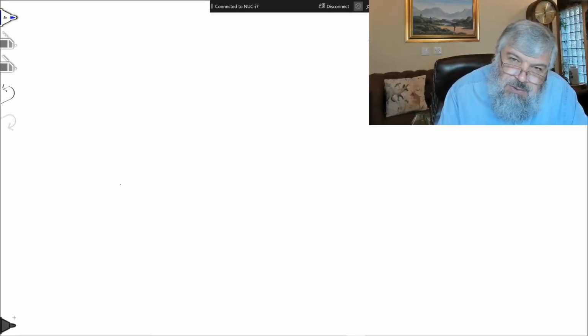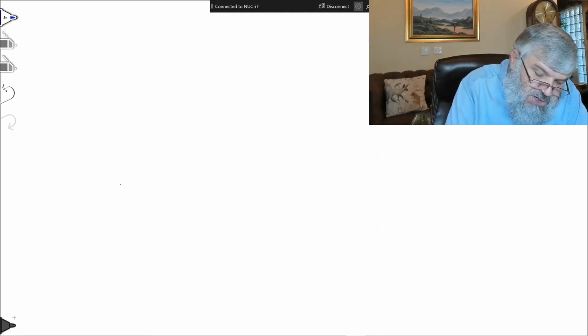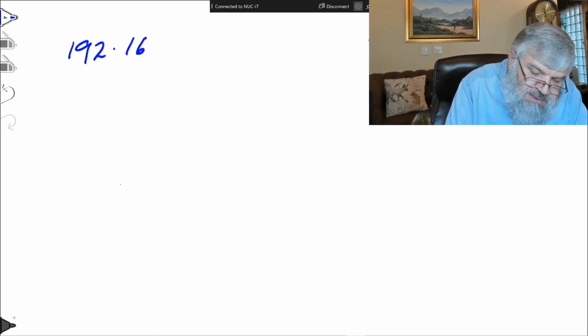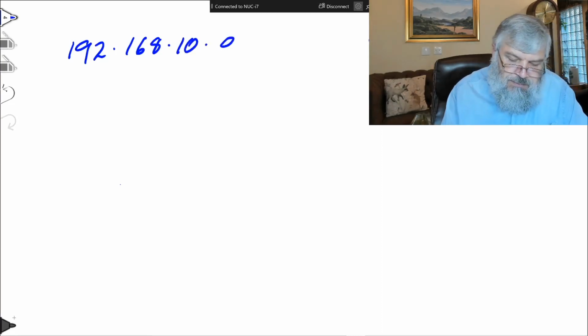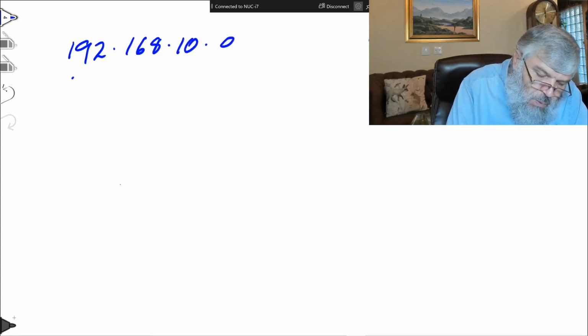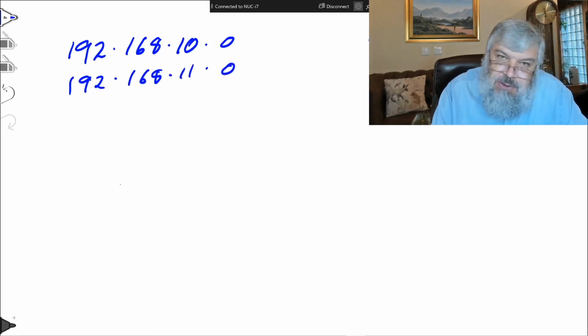Again, I'm going to use a private address, which makes it a bit unrealistic, but it's fine for the purposes of illustration. So suppose I have the address 192.168.10.0 and 192.168.11.0. The question now is, can I combine those two into a bigger entity?